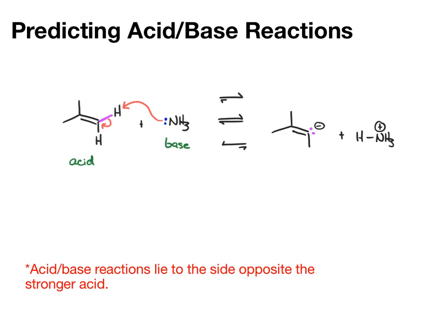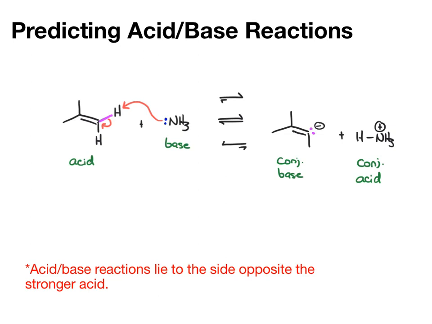From here we have the species with the lone pair and the negative charge, that's our base. Since it's on the right, it's the conjugate base. The species with the proton is the conjugate acid. Now, let's look at our pKa values and see if we can predict the directionality of this reaction.